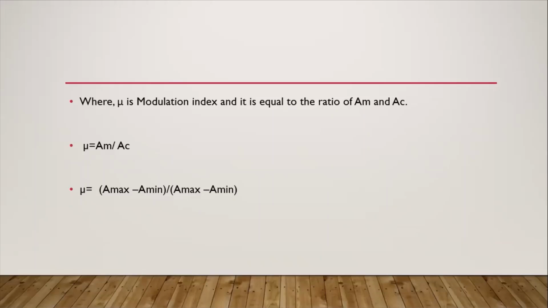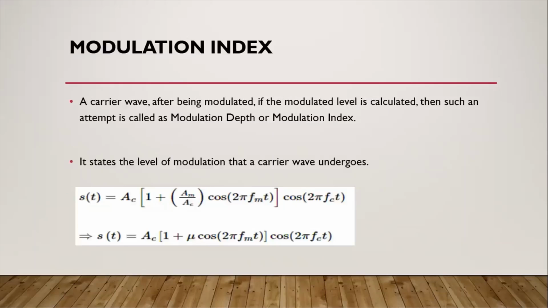So modulation index equals A_m over A_c, modulating amplitude over carrier amplitude. The simplest formula is (A_max minus A_min) over (A_max plus A_min).